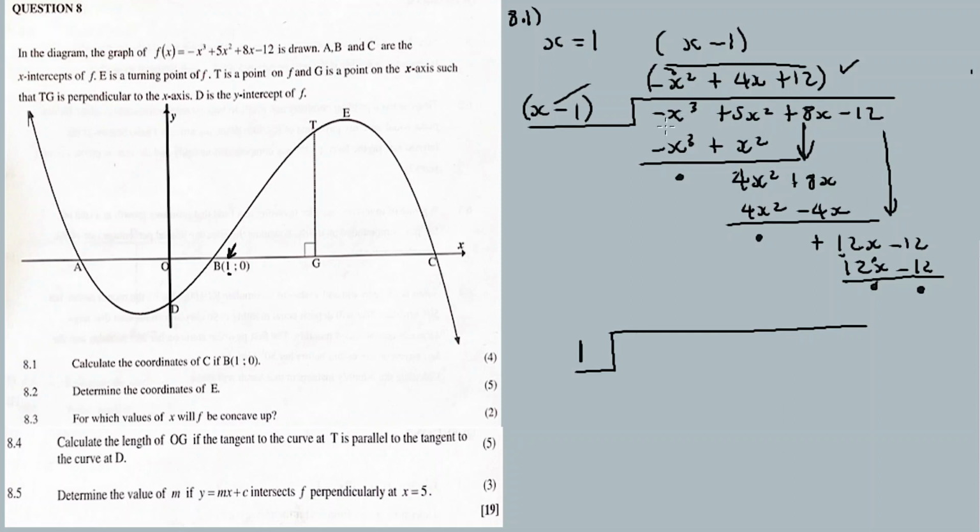So the coefficient of x cubed is minus 1, the coefficient of x squared is plus 5, the coefficient of x is plus 8, and the constant is minus 12.